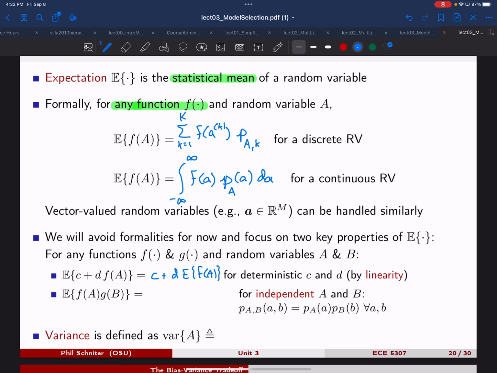That's what allowed us to say that this is the expected value of C plus the expected value of the second term. For the second term, another way that linearity works is that the expected value of a scaled version of f(A) is the same as the scaled version of the expectation of f(A). So we can pull the D through the expectation to get into this form.